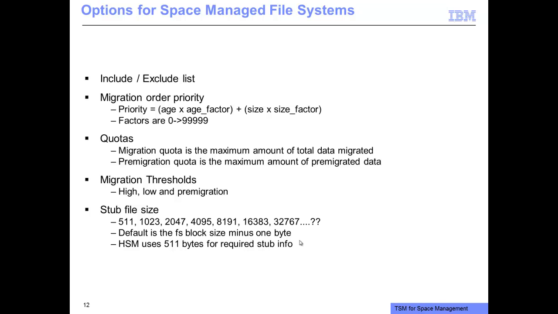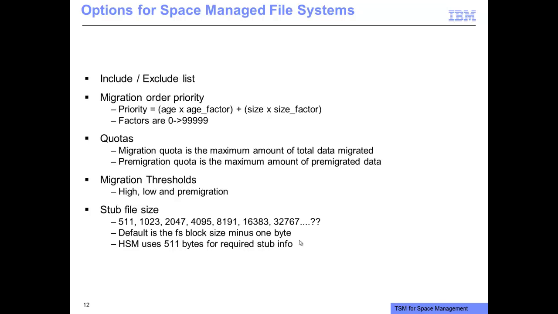When the high threshold is met, we can rapidly turn those pre-migrated files into stub files and therefore free up the space. Another option you have is the stub file size. So when the original file is replaced with a stub, you can determine how much of that file is actually left in the file system.